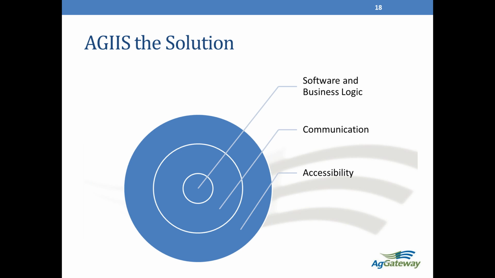And then the last ring around this represents the access layer, or accessibility. We have a web user interface that subscribers use. We find that is used mainly for some one-off maintenance or quick lookups.